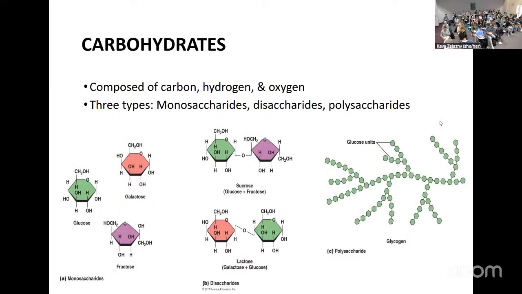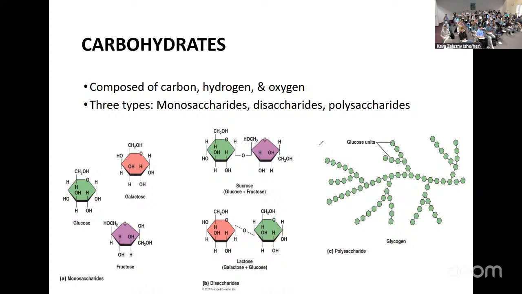Starting with our carbohydrates, we're thinking about molecules that look like these on the board. They're composed of carbon, hydrogen, and oxygen atoms. And they can take different shapes, but they're going to be vaguely ring-like in our bodies because we're in a liquid environment. They're going to come in a number of different sizes as well.